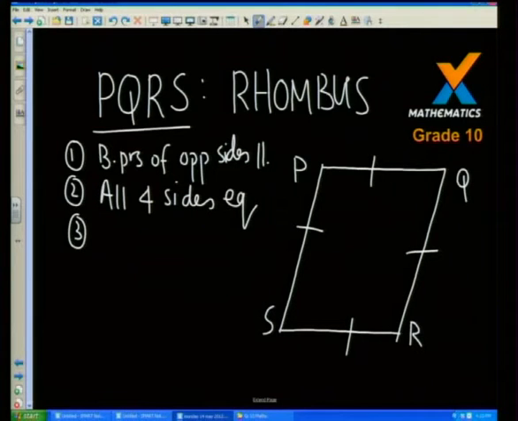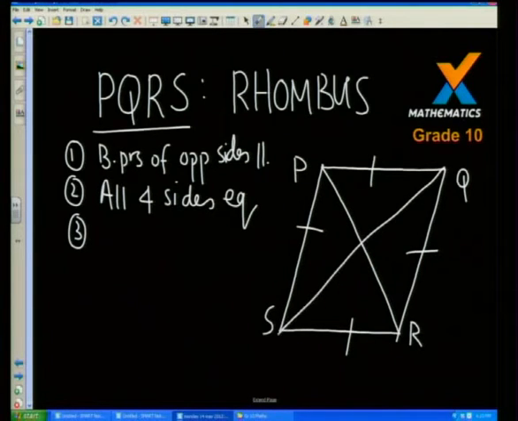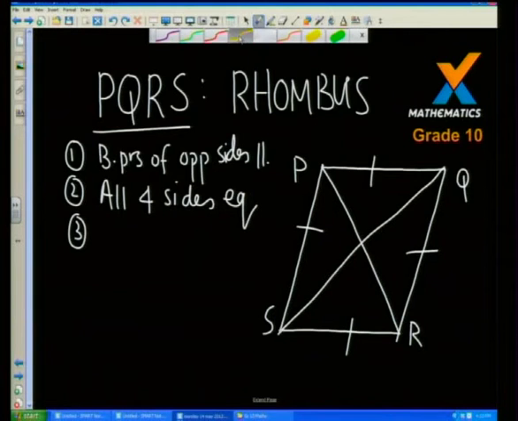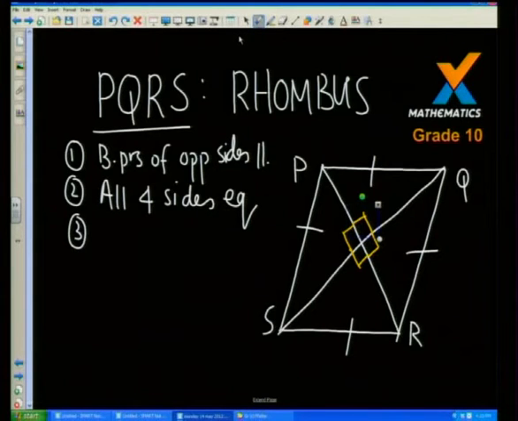But before I put in the angles, I want to put in the diagonals, because something special happens with these diagonals of a rhombus that doesn't happen in a parallelogram. And that is that the diagonals cut each other at 90 degrees. And we've got a special name in maths for cutting at 90 degrees. It's called perpendicular.